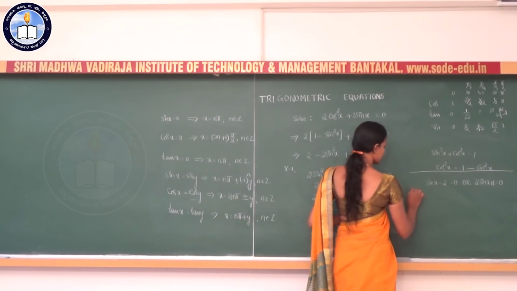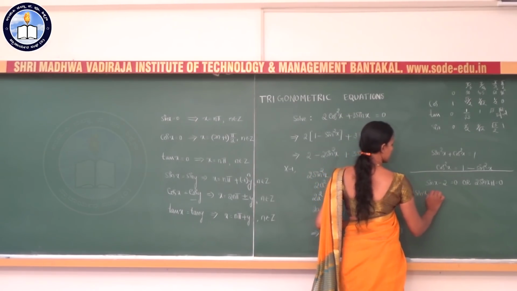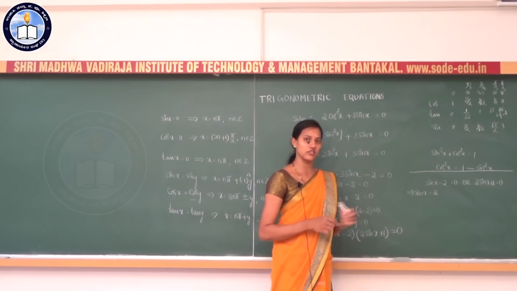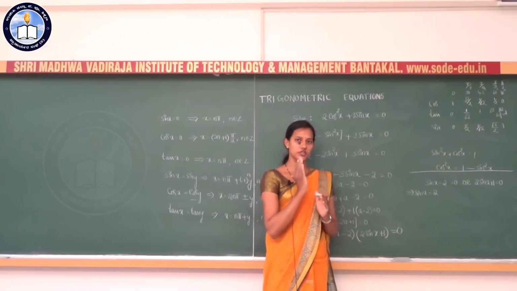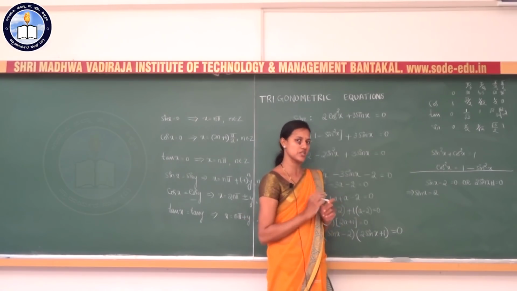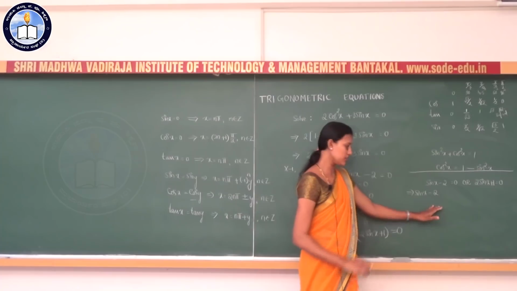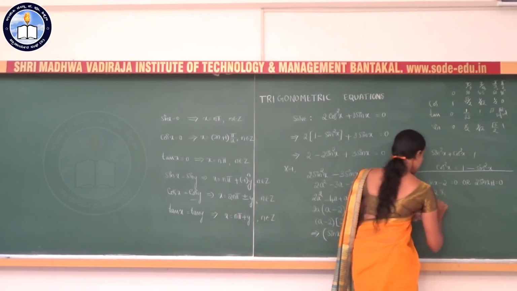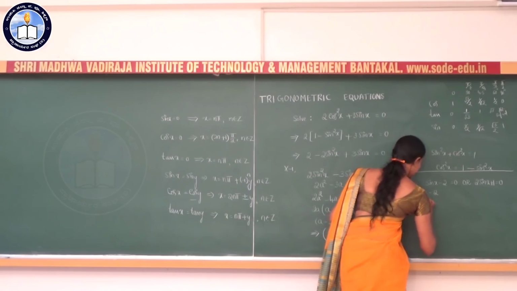The first expression implies sin x is equal to 2, but can the sin function take the value 2? Sin is in between minus 1 and plus 1. It cannot be more than 1. So sin x cannot take the value 2. This is impossible.